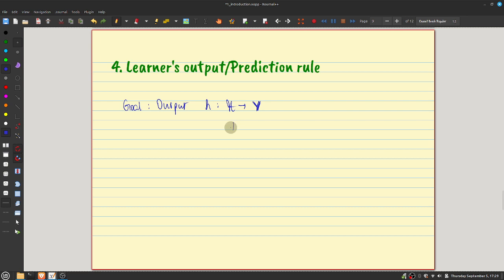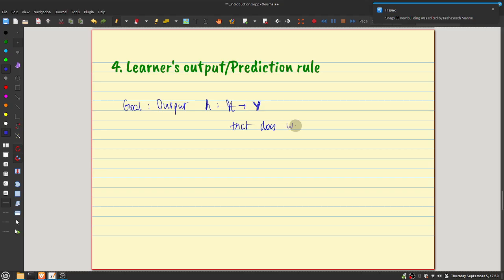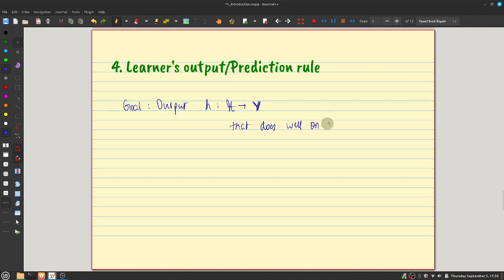Output H that does well on a new sample or a new instance. Now, can H be completely arbitrary? Maybe not. Maybe you want to restrict the choice of functions H that you can choose. And this H is assumed to come from some set, some class of functions, which we call the hypothesis class. So each H is called a hypothesis.